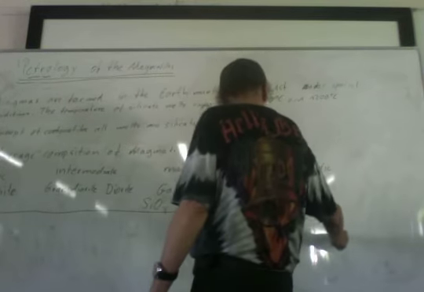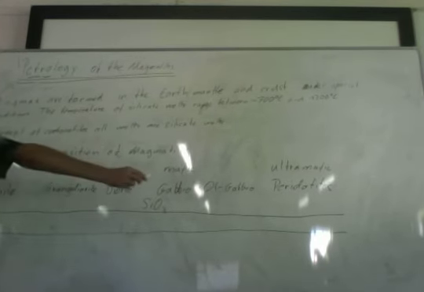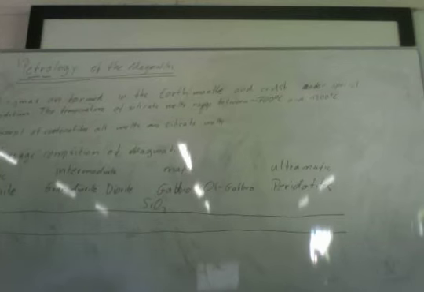So which other elements are also increasing from ultramafic to rocks of felsic composition?